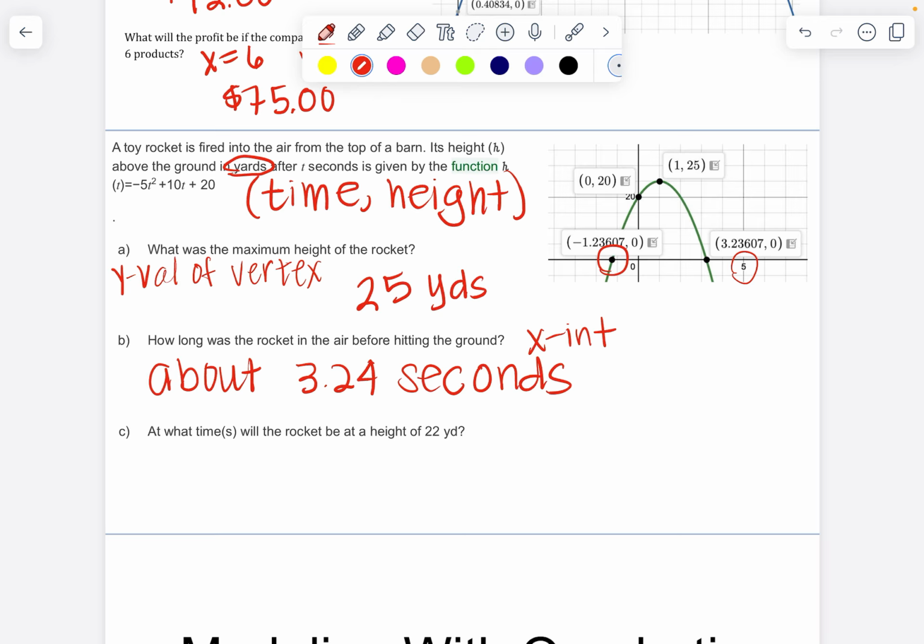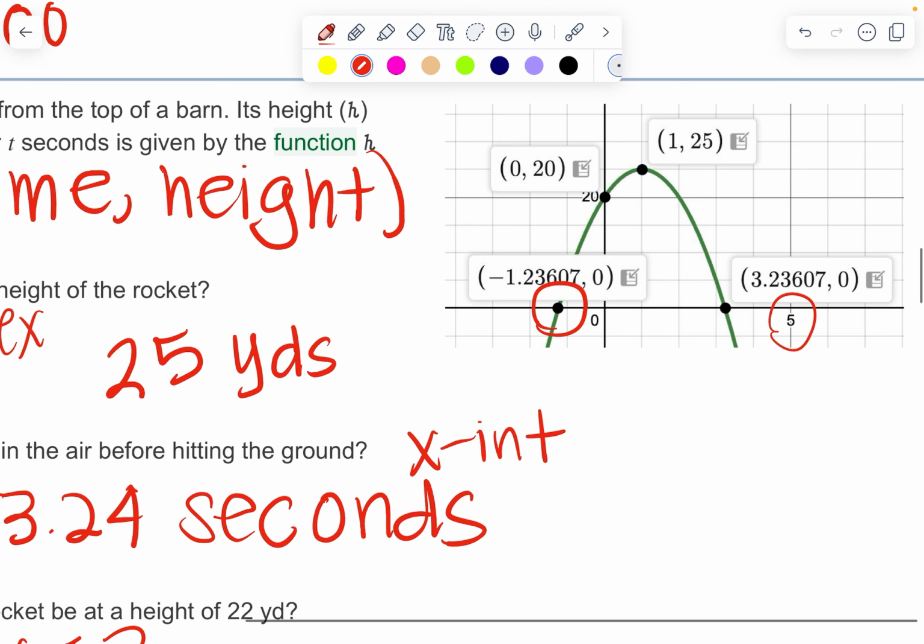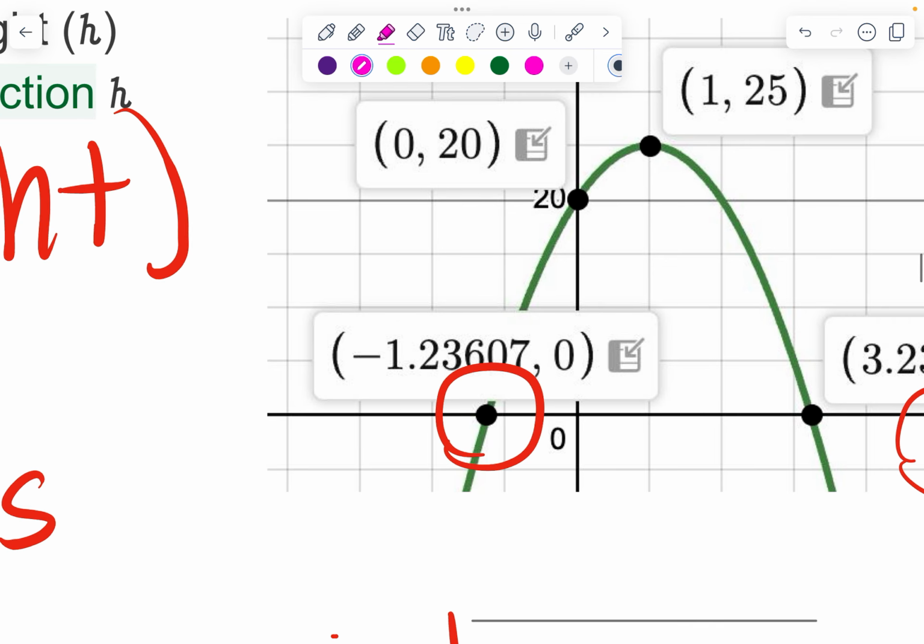At what times will the rocket be a height of 24 yards? So they're telling me Y is 24, and they want me to find X. I think we're going by fives each time here. So 24 will be like right about here. So they're saying y is 24.